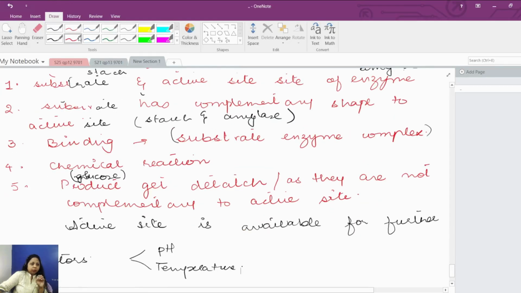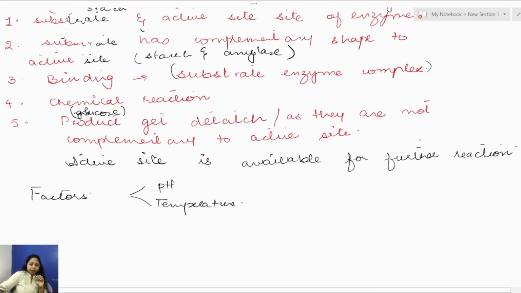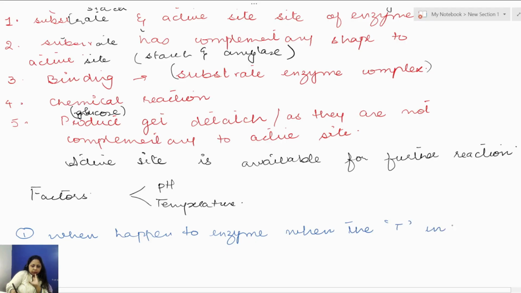First part is: what happens to an enzyme when the temperature increases from 25 degrees Celsius to 35 degrees Celsius? This is your first part.